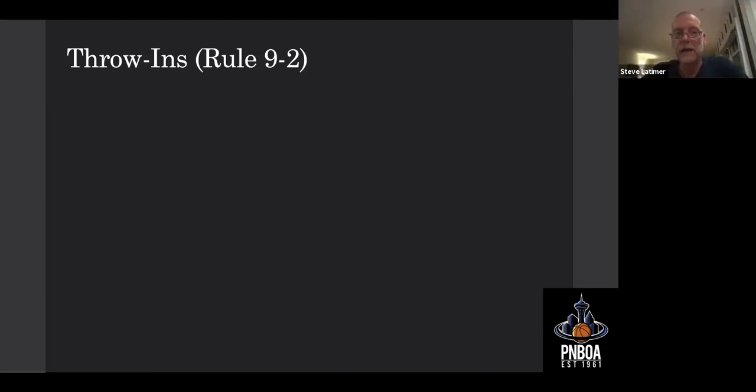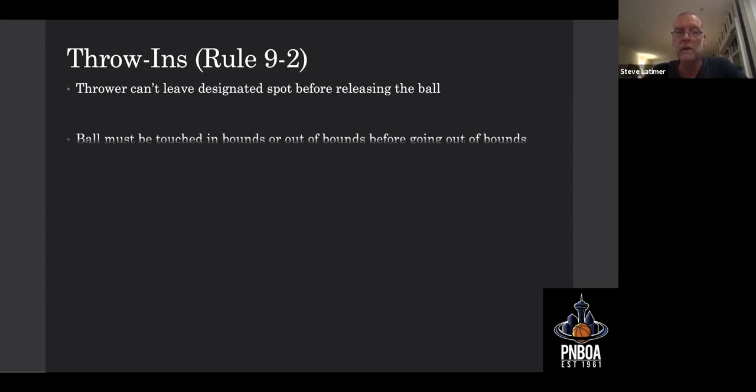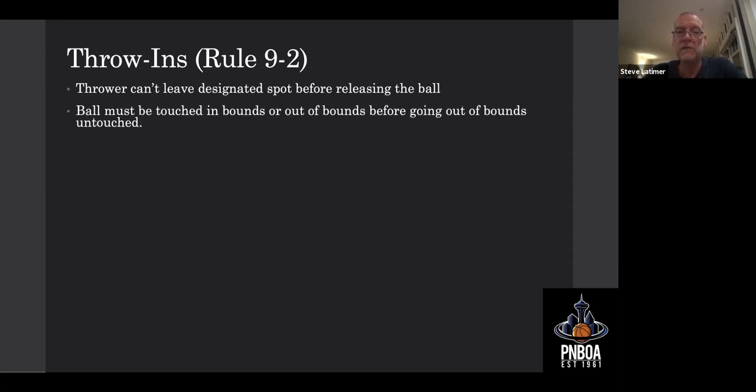All right, rule 9-2, throw-ins. Thrower can't leave a designated spot before releasing the ball. And from rule 4, you know what the designated spot is, kind of a 3-foot area. Ball must be touched inbounds or out of bounds before going out of bounds untouched, which is kind of a goofy way to write the rule.